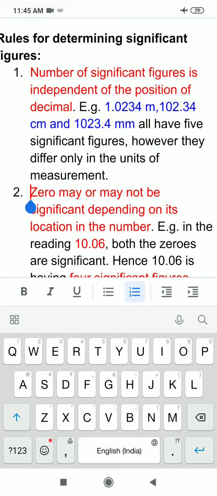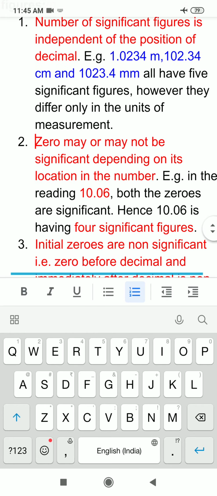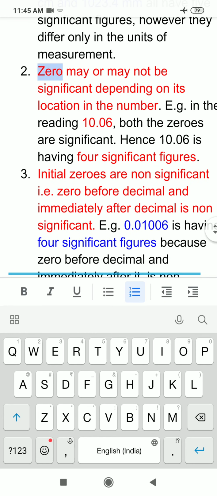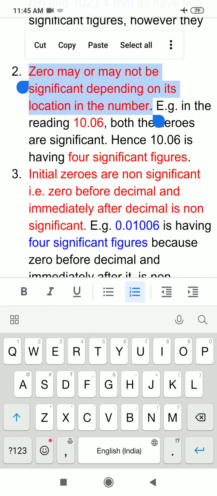Now I am coming to the second rule. Second rule states that 0 may or may not be significant depending on its location in the number. What I am saying, 0 may or may not be significant depending on its location in the number. मतलब 0 significant भी हो सकती है और नहीं भी हो सकती है, but it will depend on its position or location in the number.